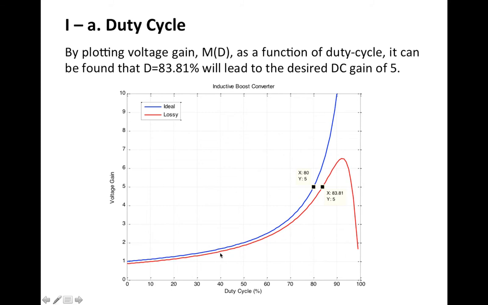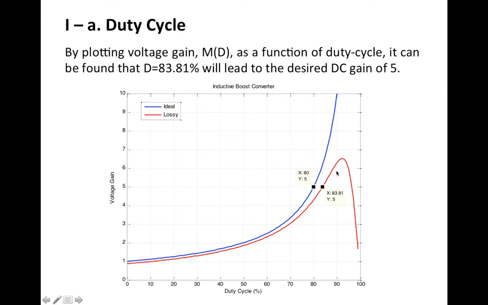Because of loss components, we get less gain or less output voltage at a given point in duty cycle. And this is more clear at very high duty cycle because our loss terms become very big, and this limits our maximum voltage gain to somewhere around 6.5.